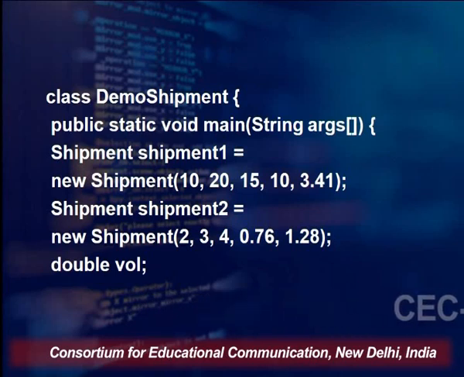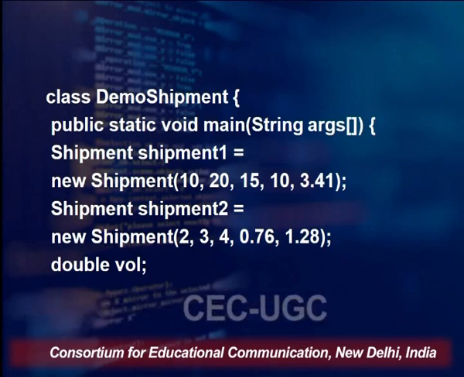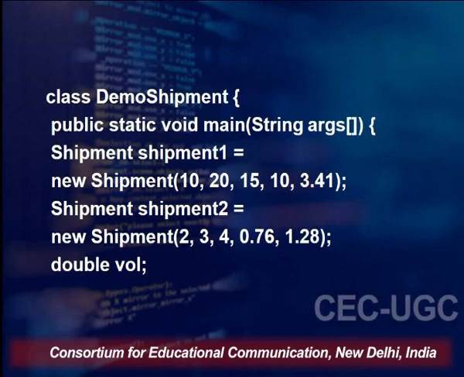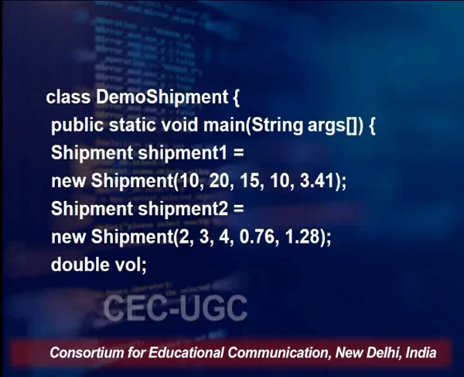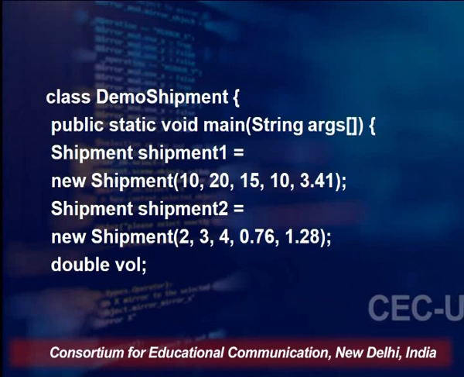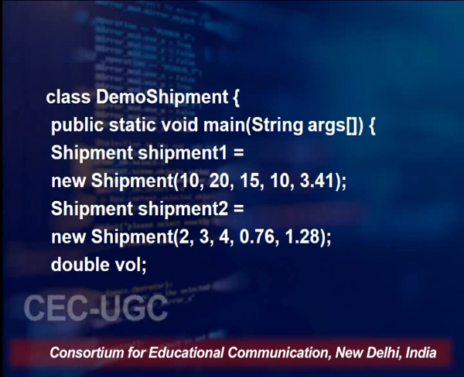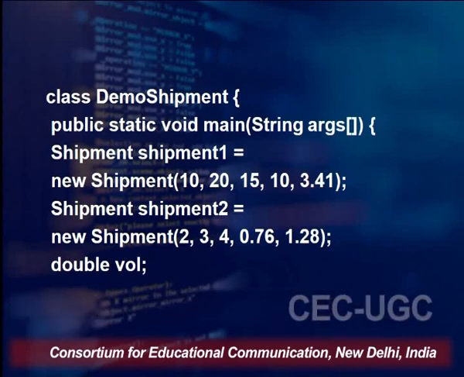And when we are going to use this inside the main function, so main function, as the name indicates, in any of the classes we can use it, public static void main, and here we are going to make the objects of our recent subclass, which is Shipment. So, shipment1 is the name of the object, equals new Shipment.